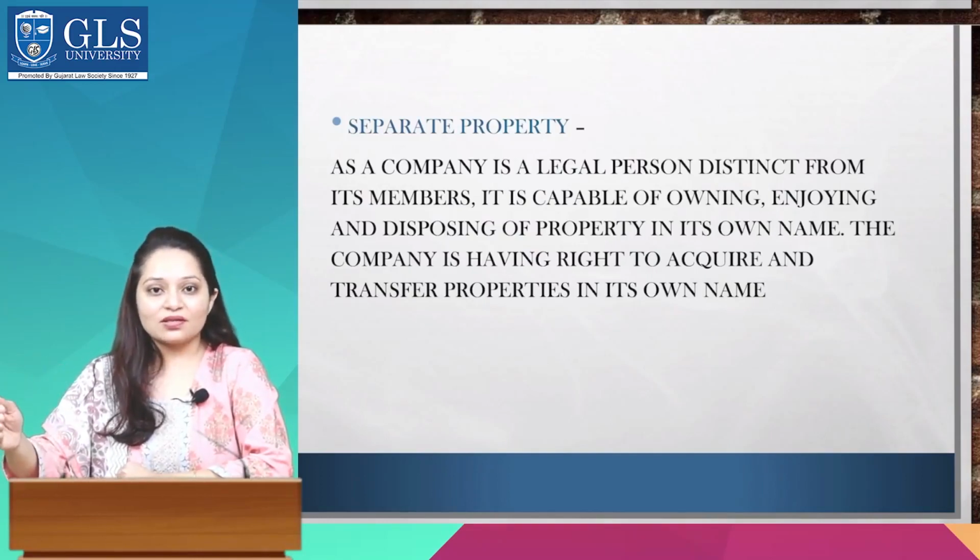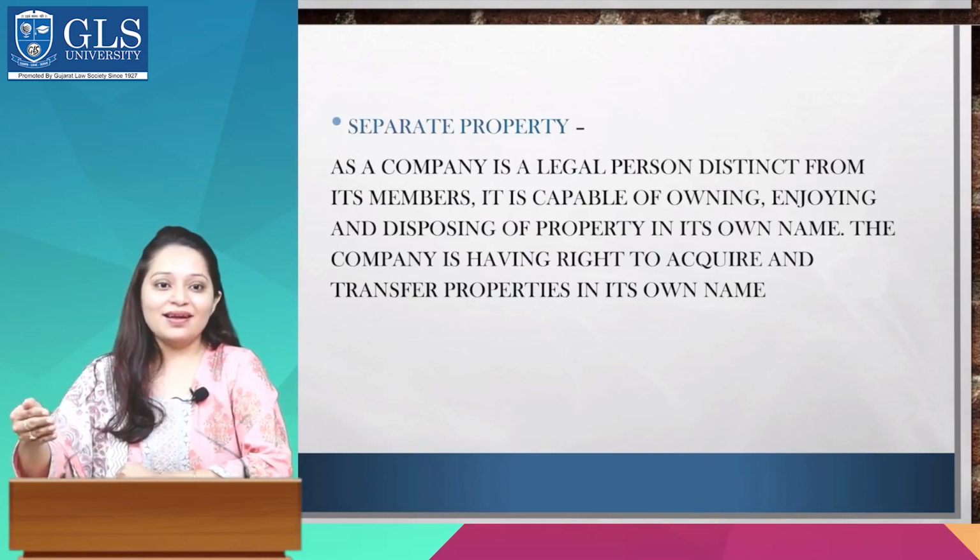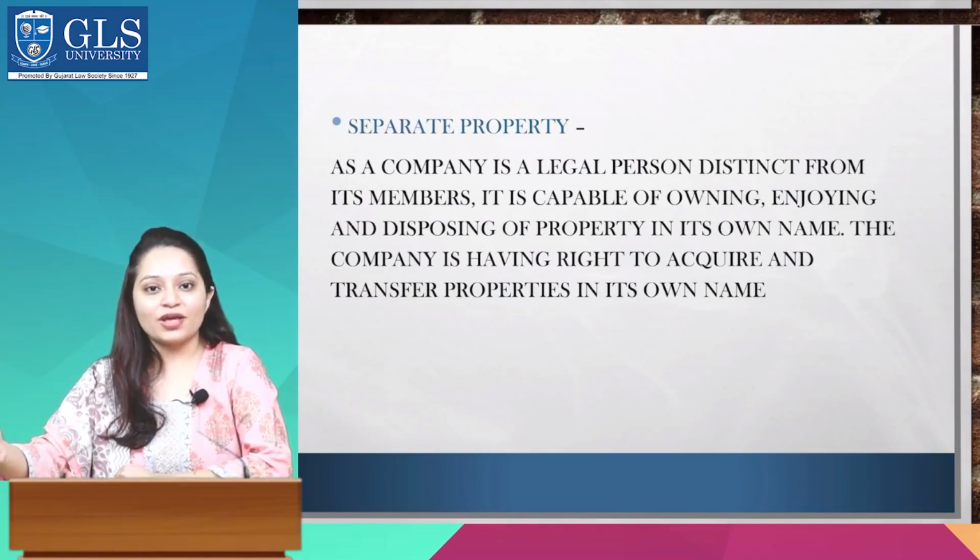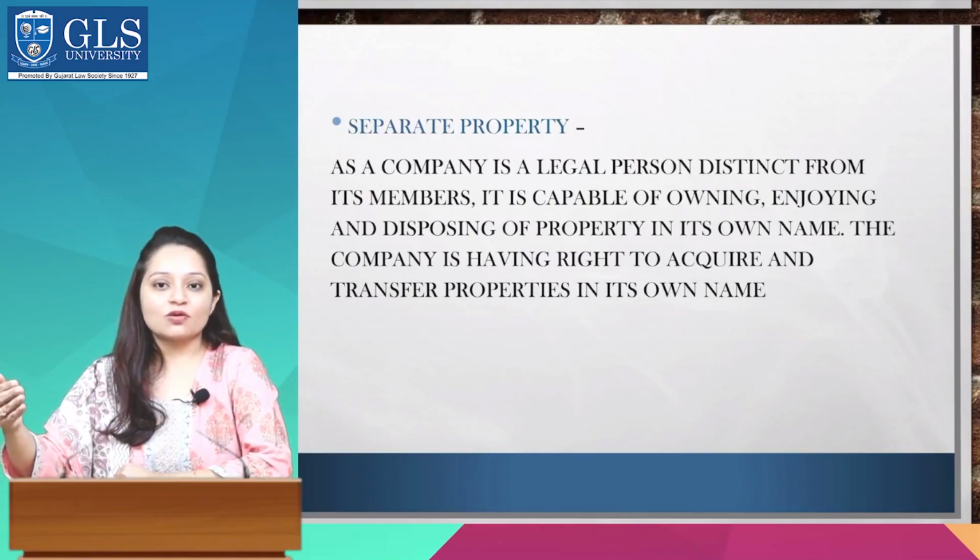So, as a result, the company is a legal person, an artificial person, and because it is different from its members, it needs to own its own assets and liabilities. And as a result, the company is given the capacity of owning, enjoying and disposing of its own property in its own name.